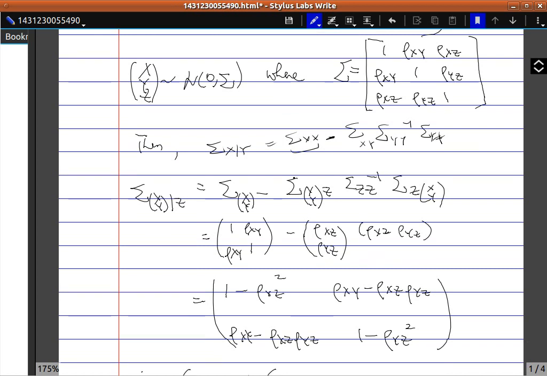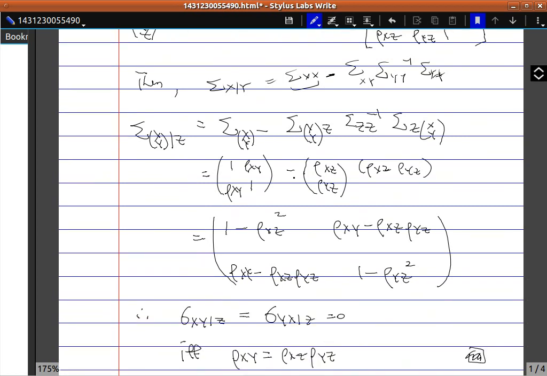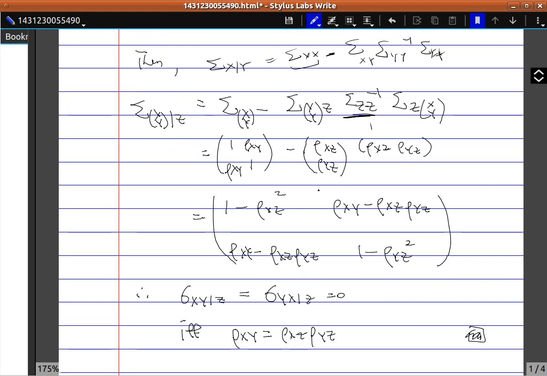So the whole equation makes sense. Anyway, we just substitute into the equation. Sigma zz here is just equal to 1, and sigma xy z is just rho xy, and rho xz and rho yz and so on.